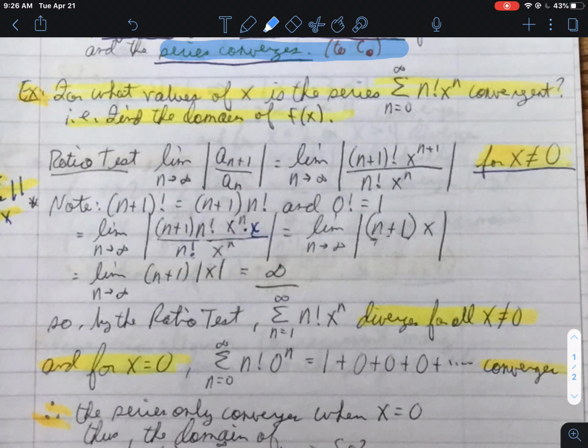Now again, two different questions here, but they mean the same thing in terms of what we do. Here's our series, sum as n goes from 0 to infinity of n factorial times x to the n. Question, where does that series converge? Or for what values of x does that series converge? Equivalently, the question could be simply find the domain of f of x, where f of x is defined as that series.